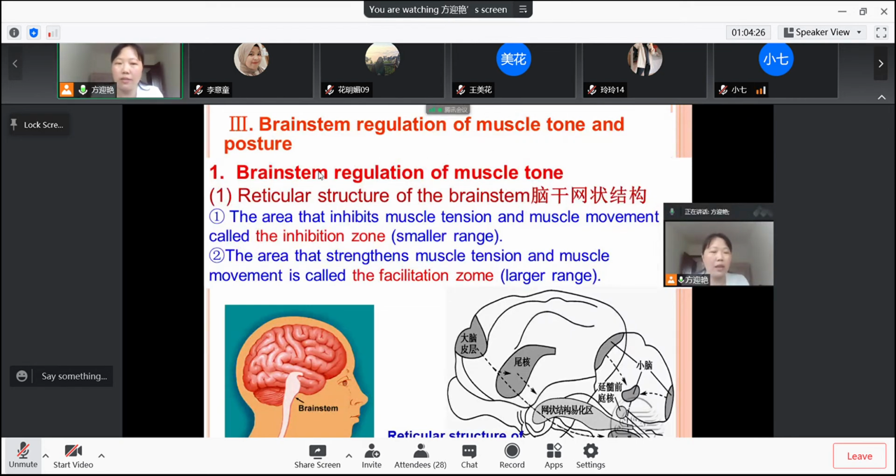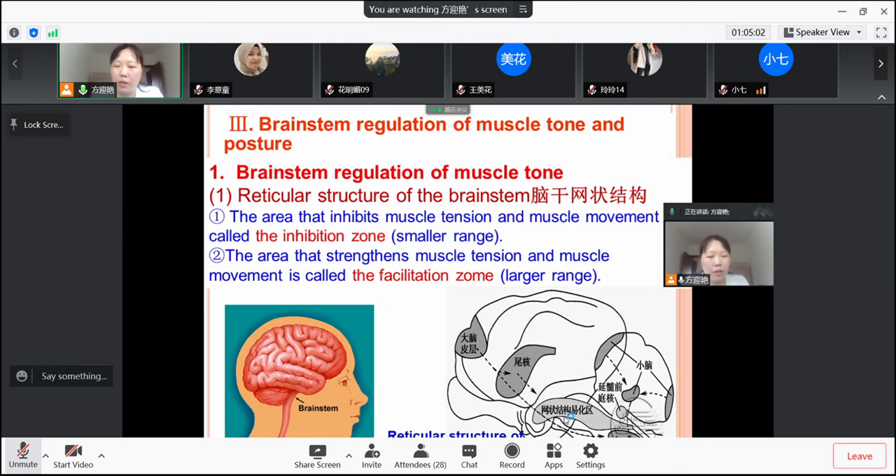Then there is the brainstem, and in the brainstem there is a structure I hope you know, the reticular structure of the brainstem.